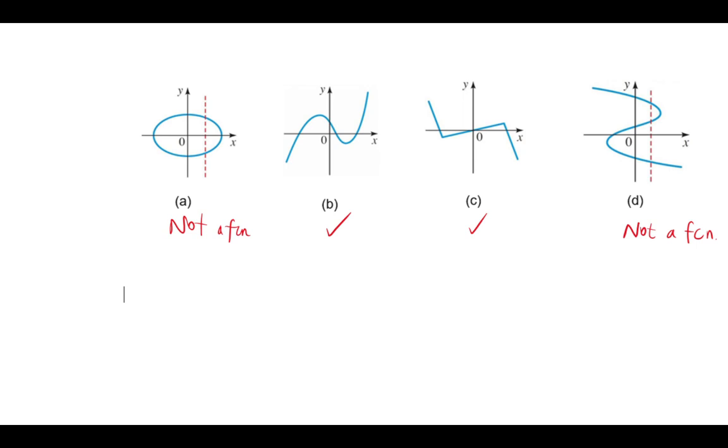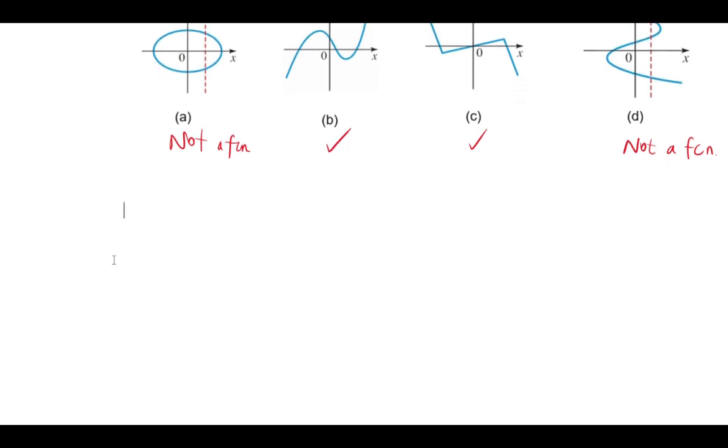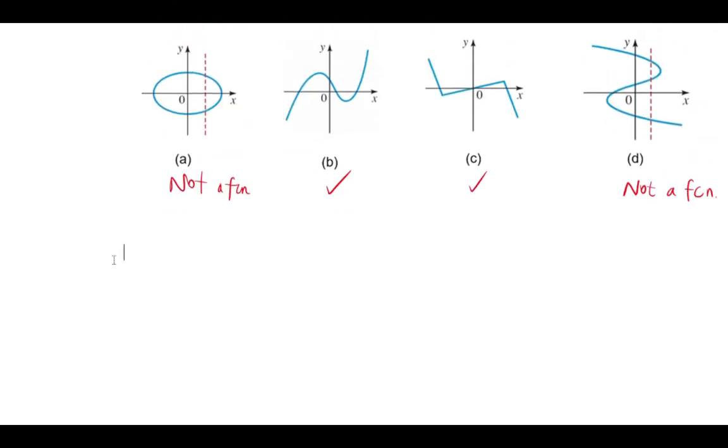Now there's a nice way to do this algebraically. Whenever you can solve an equation uniquely for y, then that represents a function. For example, look at this example: y minus x squared equals 2.